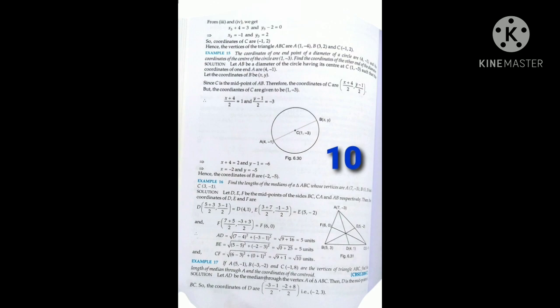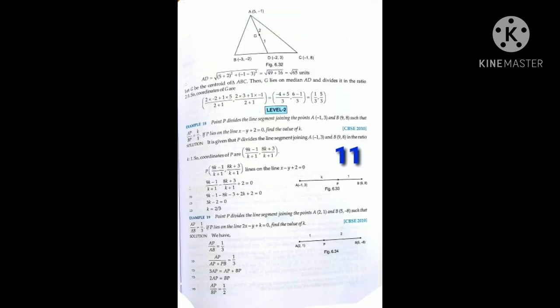Okay. If you see the next question, it is very simple, right? And one more important thing I would like to add over here is that the point in the triangle where the medians meet is known as the centroid, right?